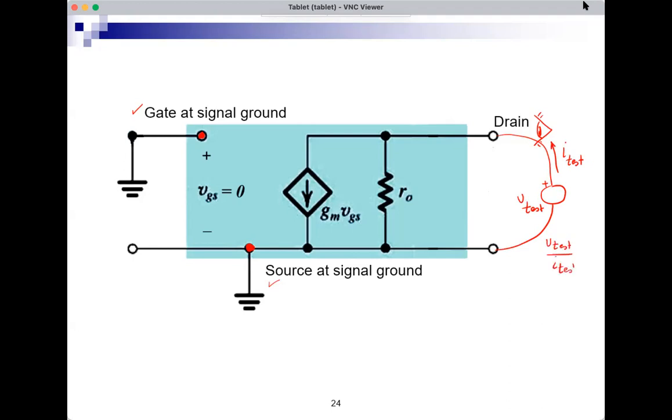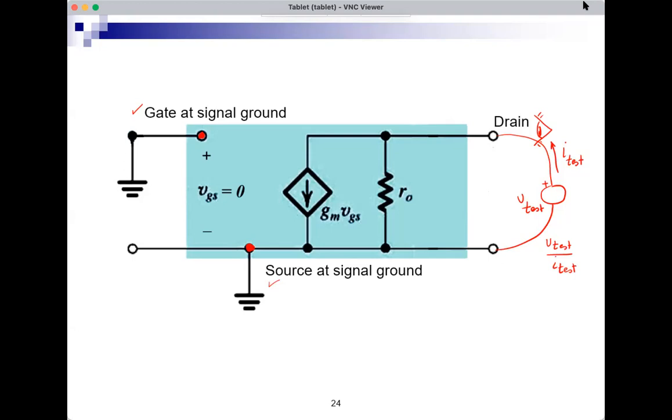And the eye will see the resistance V test over I test. So the eye is like an ohm meter that measures resistance, and it will measure V test over I test. So when we say I'm looking into the drain of the MOSFET, it means I'm finding the resistance between the drain and ground.